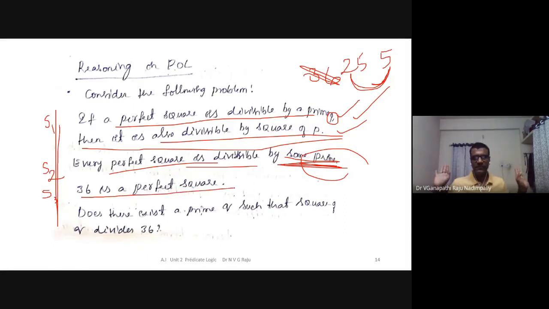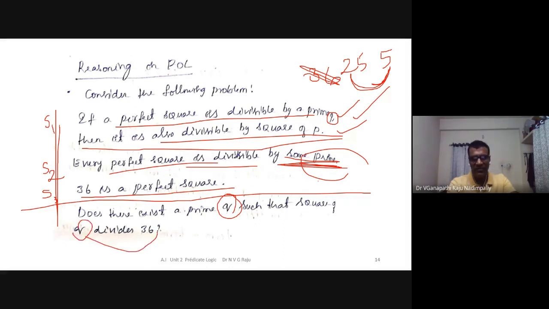Is it okay? Now, from these 3 sentences, we should prove this sentence: does there exist a prime Q such that the square of Q divides 36? Observe carefully. If you understand the statements, then you can easily develop the first order logic. Take any prime Q such that the square of that Q, for example, if I take 2, what is 2 squared? 4. 4 divides 36.